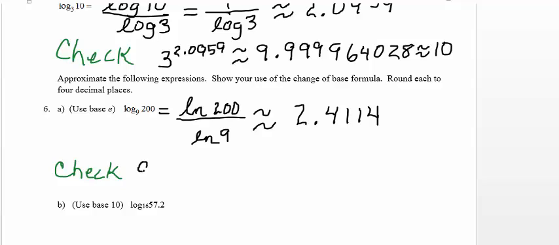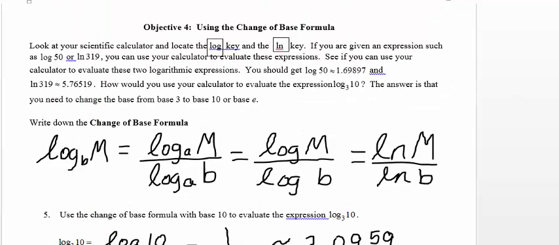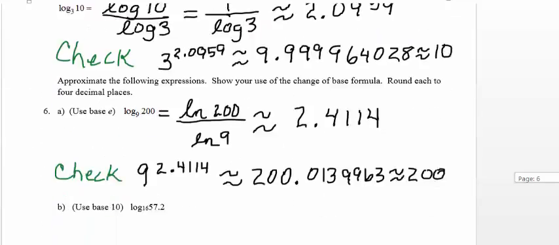So I'm going to check this by raising 9 to the 2.4114 power. Remember, the log is an exponent. So in this case, I want the exponent I apply to 9 to get 200. Now notice I'm going to get something a little bigger than 200 because I rounded up. But 200.0139963 is very close to 200.